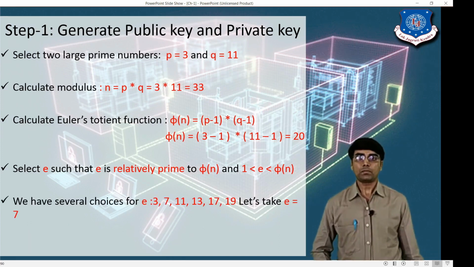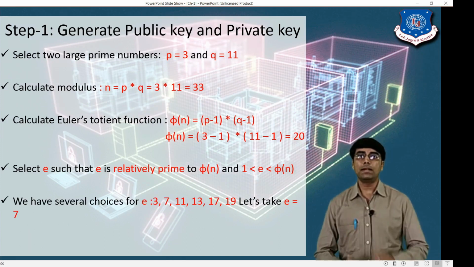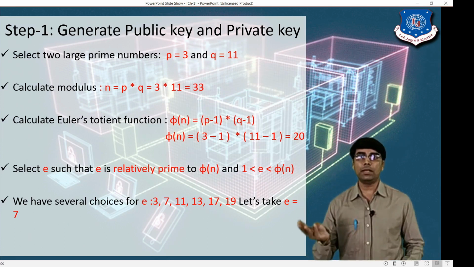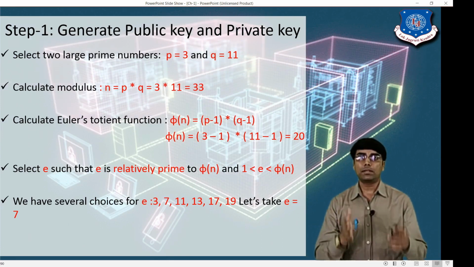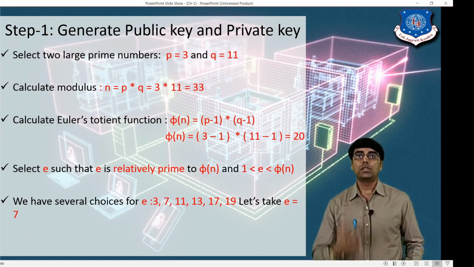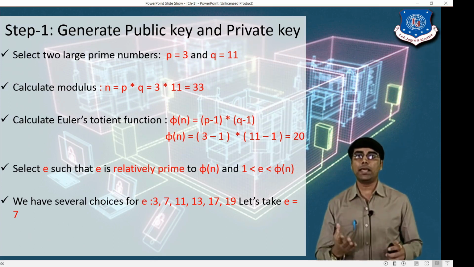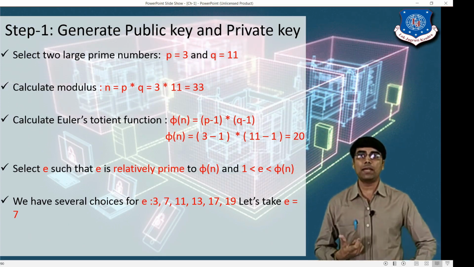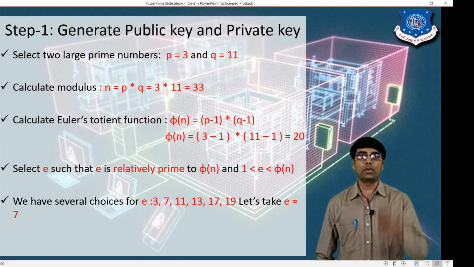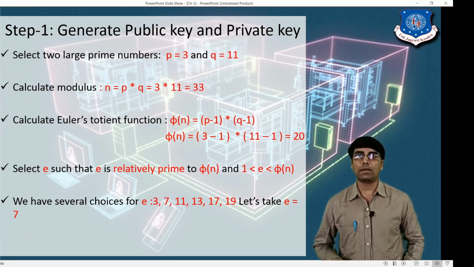We have several choices, the relatively prime numbers being 3, 7, 11, 13, 17, 19. So let's take e equal to 7. So the encryption key e is equal to 7.